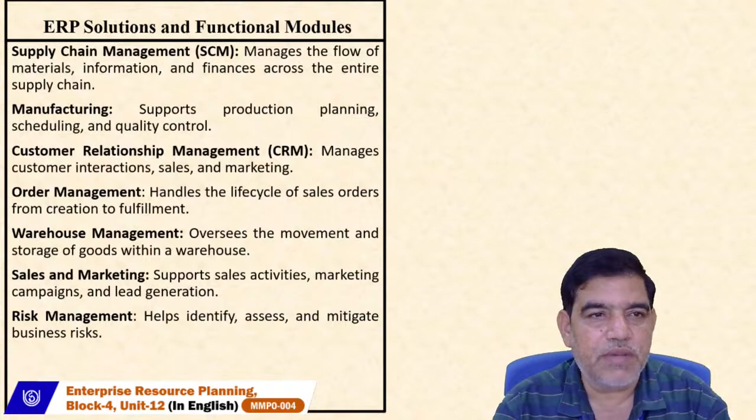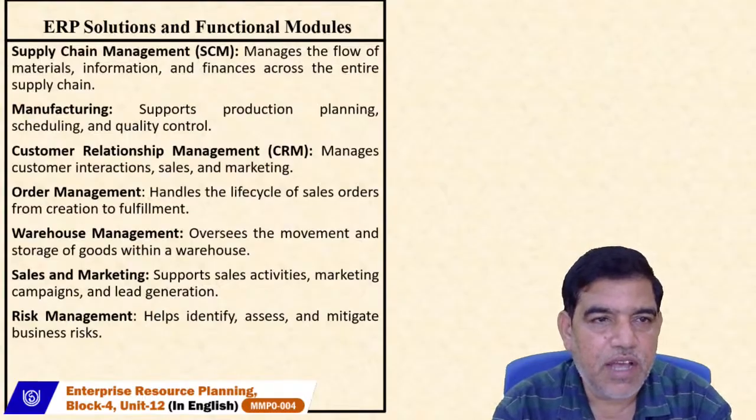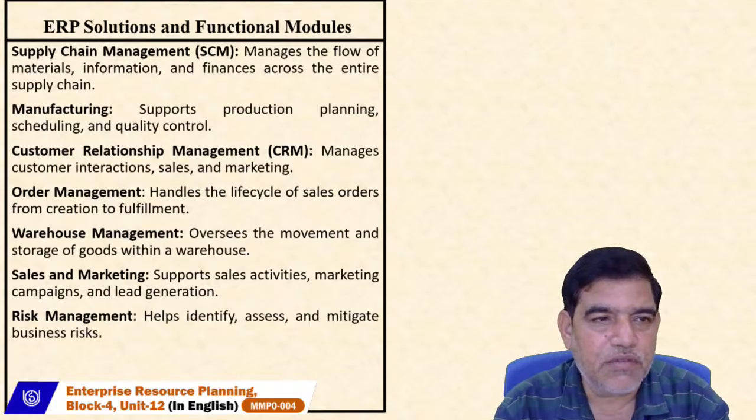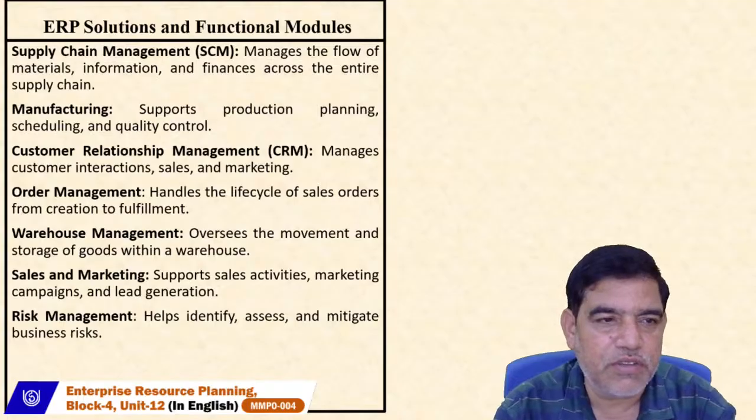Then supply chain management. Manage the flow of material, information, and finance across the entire supply chain. As we know, supply chain means it makes a relation between supplier and customer directly, and the data flow from the supplier to the customer will be managed by using this software, supply chain management. This is called your advanced ERP system.